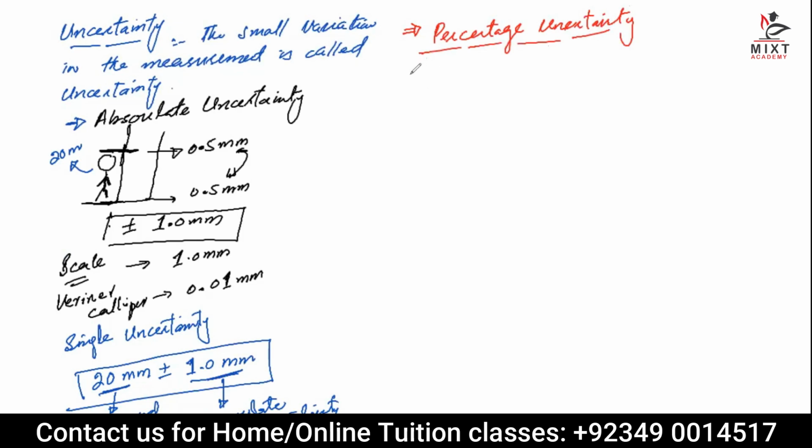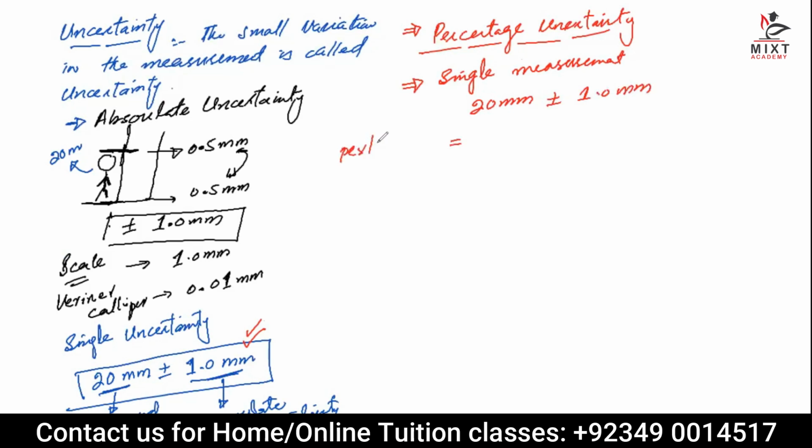Of course I can, sir. Okay, so how do we find the percentage uncertainty? It's very easy. I am first considering a single value, a single measurement. If I want to find out the percentage uncertainty of this value, what will I do?